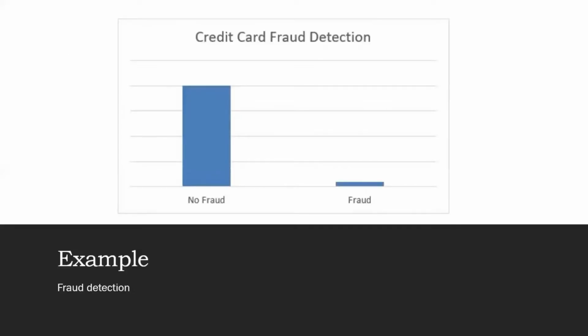Let's see the example of fraud detection. Let's suppose there is a bank that is concerned about fraudulent transactions. But after checking their data, they realized that out of every 1,000 transactions, 15 of the transactions are fraud.